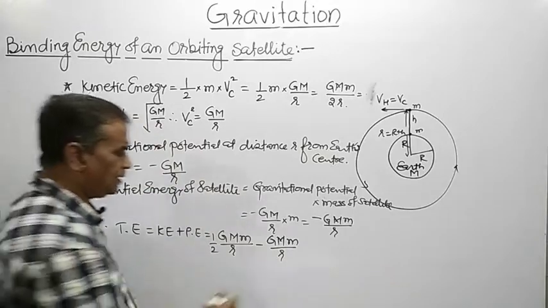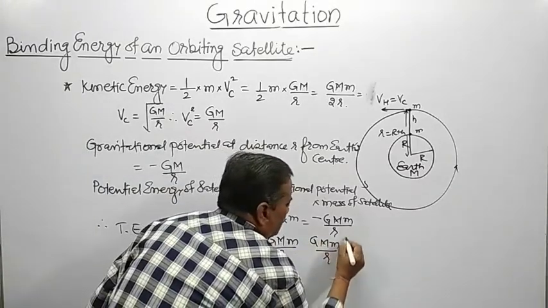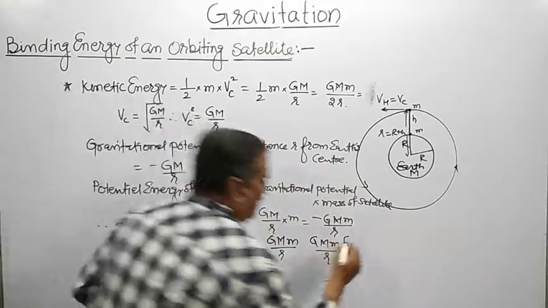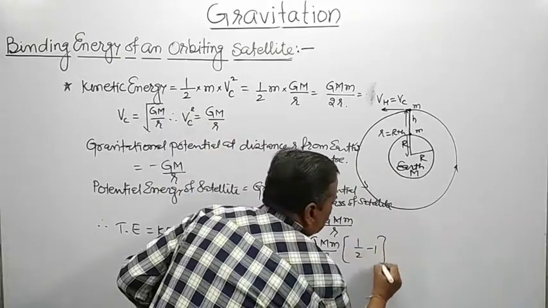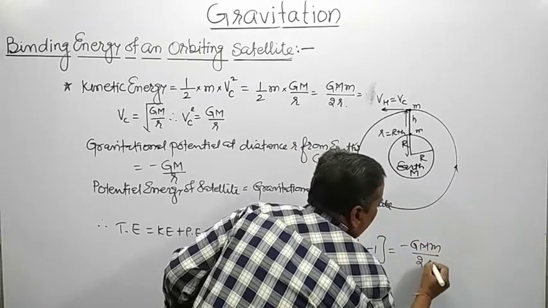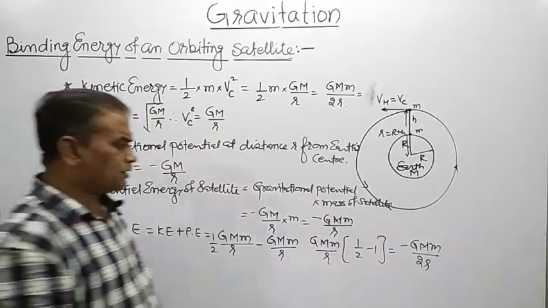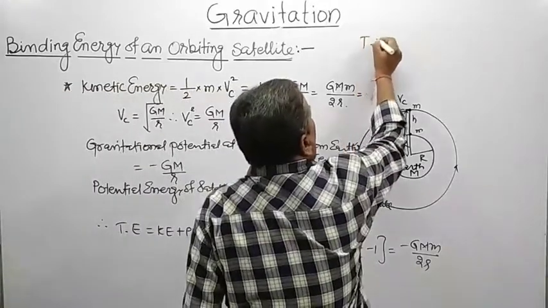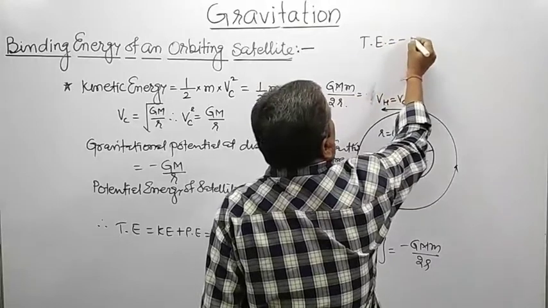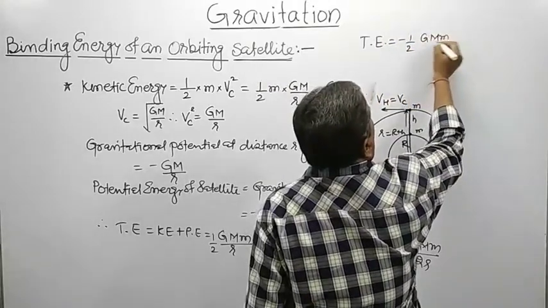You can take GMm divided by r as common. So what is left in the bracket? 1 by 2 minus 1, which is equal to minus 1 by 2. So the total energy of a satellite is equal to minus half of GMm divided by r.